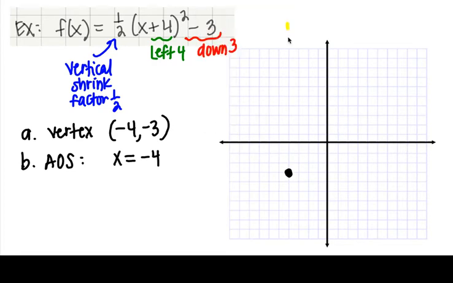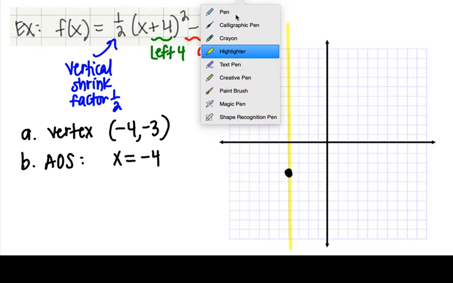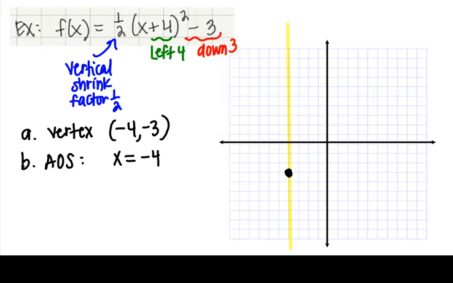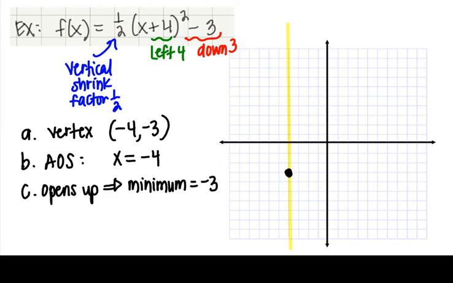So with a highlighter, I'm going to create that vertical line at x equals -4. Because we don't have a reflection, this opens up. And when the parabola opens up, we have a minimum. And that minimum value is k, which is -3. So our minimum value is equal to -3.